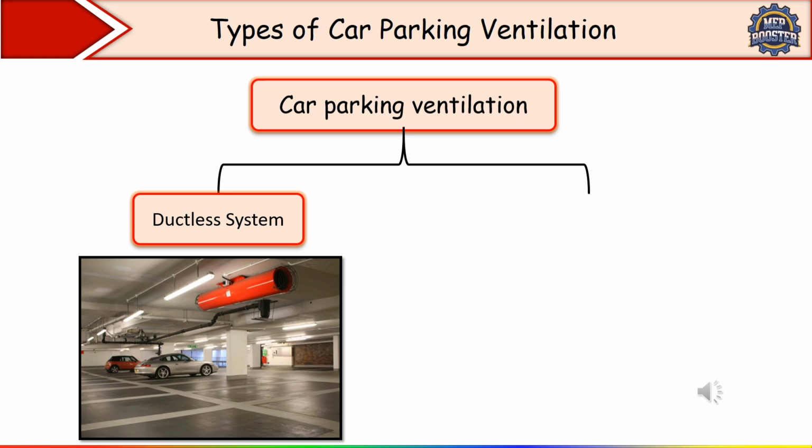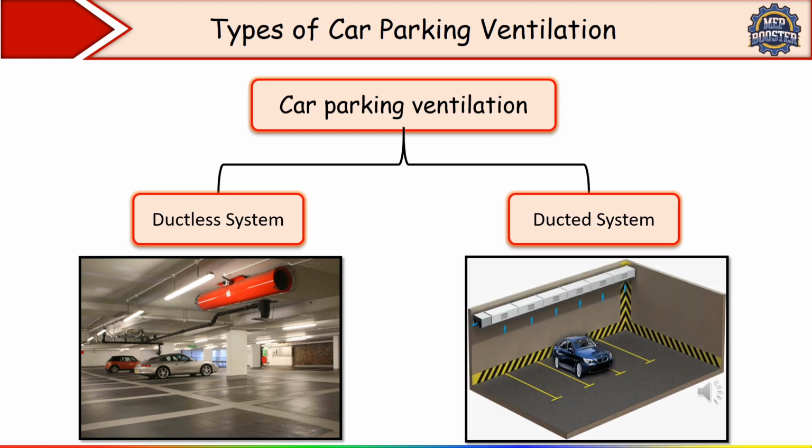Okay, with the help of this ductless system, you can save the material also, because we don't need ductwork here, and you can save your space also. Okay, so there are many advantages of a ductless system.